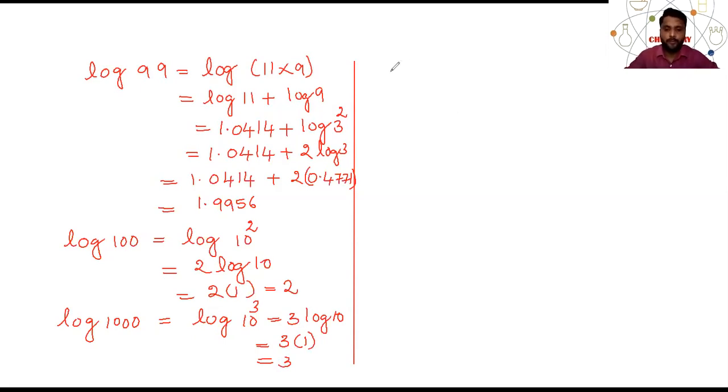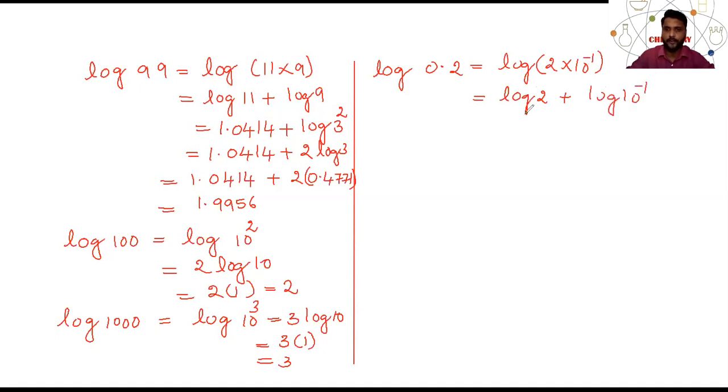Suppose we have got decimal points. For example, log 0.2. This can be written as log 2 into 10 to the power minus 1, which is equal to log 2 plus log 10 to the power minus 1.